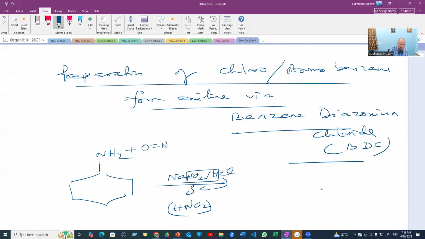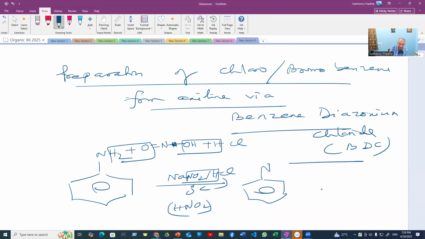Nitrous acid is like this. So you get a kind of compound which is very interesting: N double bond N and Cl. Here one water goes, here one water goes, because HCl is there.